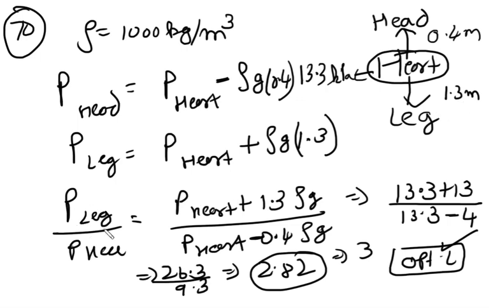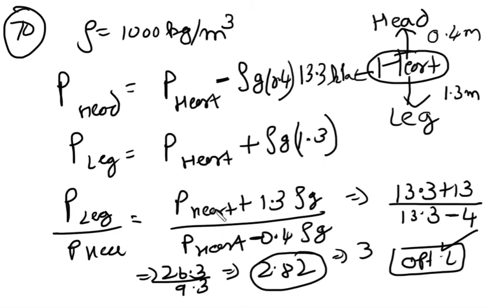So the ratio they are asking, pressure of leg by pressure of head, is equal to pressure of heart plus 1.3 into rho g, by pressure of heart minus 0.4 into rho g. The density of blood is given to be 1000 kg per meter cube, because blood is made of water, it is the same as water. So 13.3 plus 13 by 13.3 minus 4.